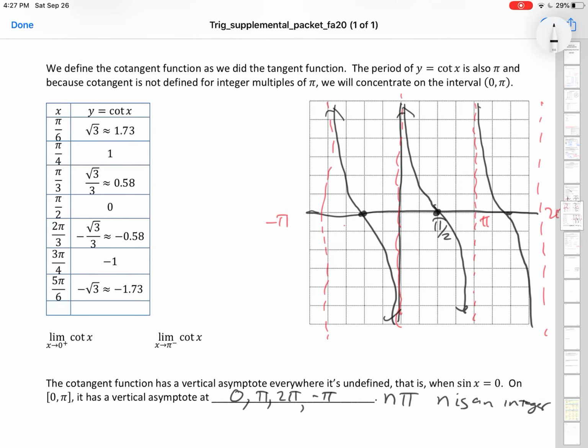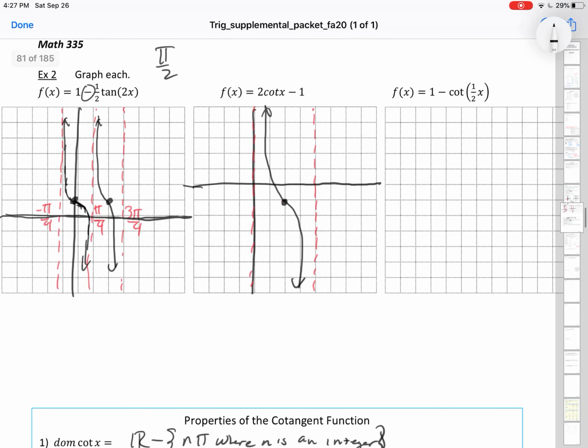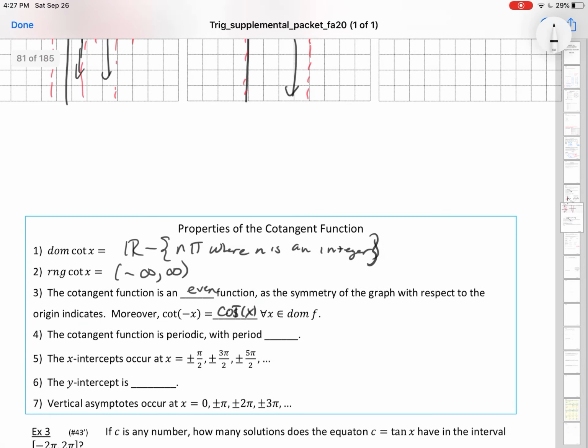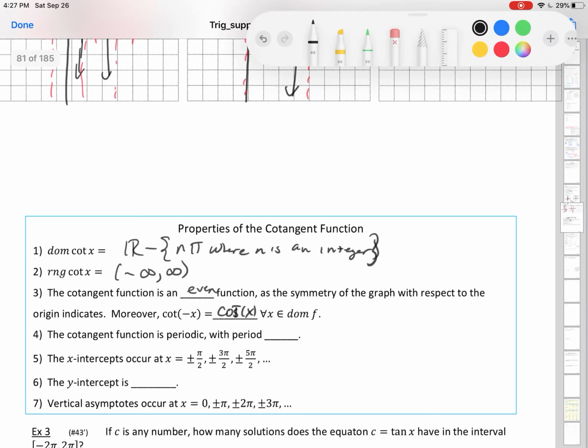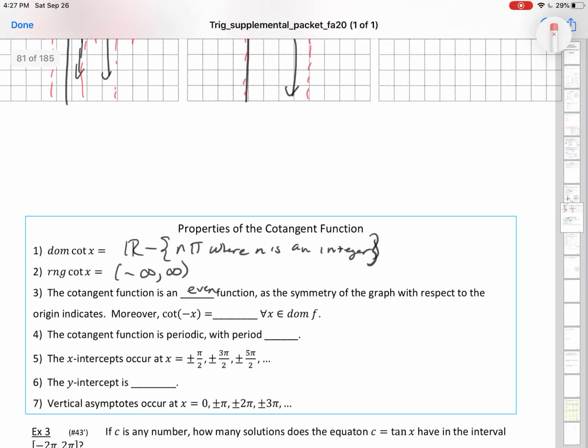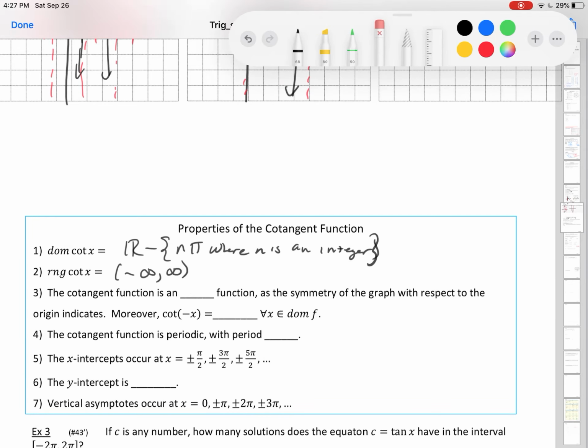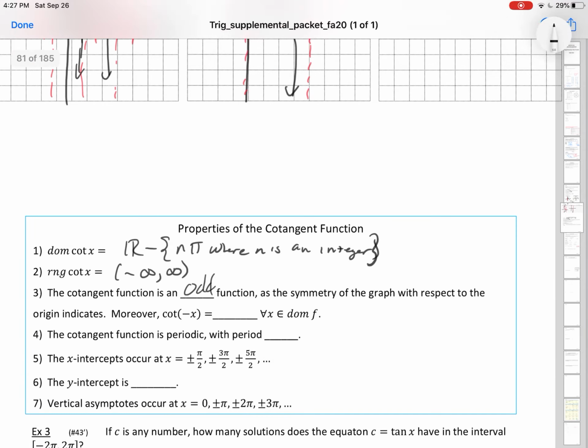Is it mirrored around the x-axis? Does it look exactly the same? Could I flip it over on itself? And I don't think that we can. I think that this is also an odd function. Okay, I apologize for saying that it was even so quickly. I think it's still odd. It's an odd function. So that's negative cotangent x.